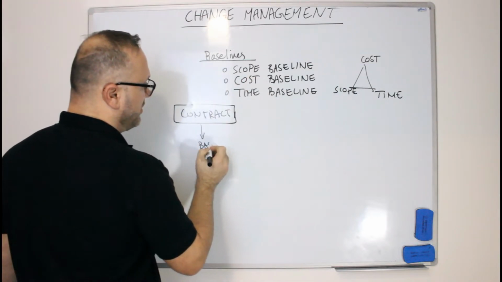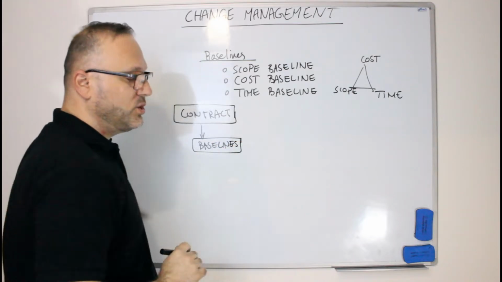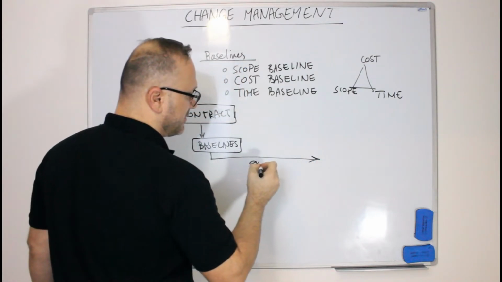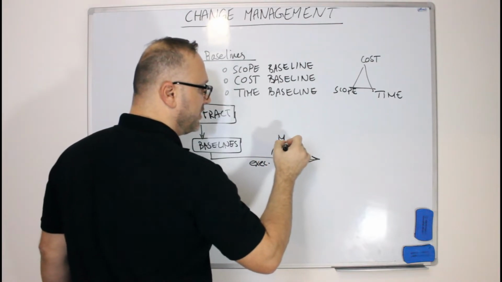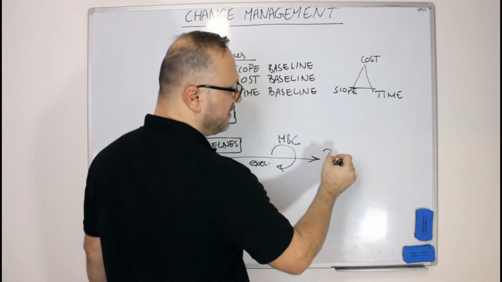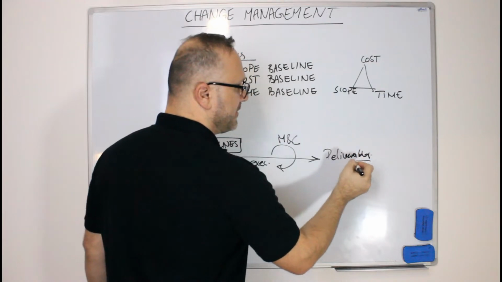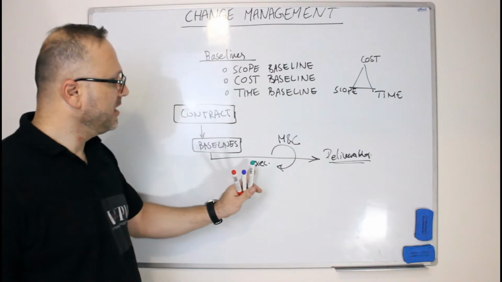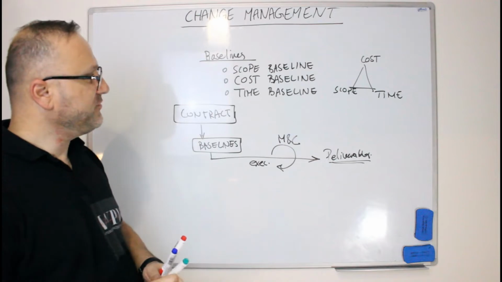Once you have your baselines, you start executing your project. And then you have to monitor and control your project to get the deliverables. But during your project execution, there could be some changes that occur due to many factors.